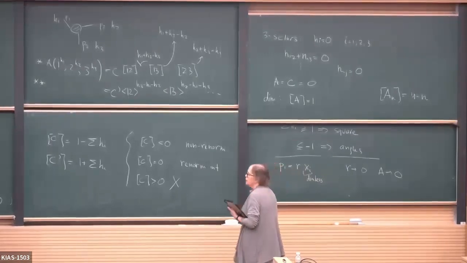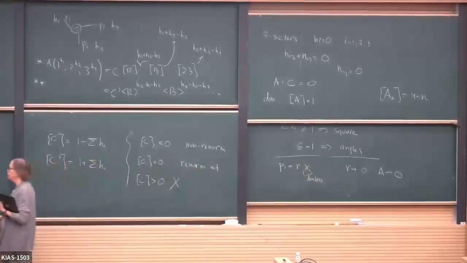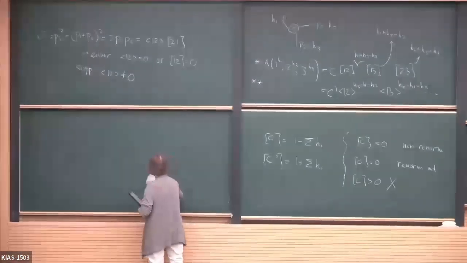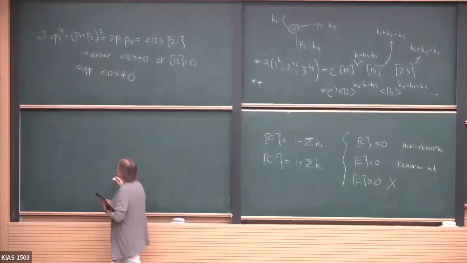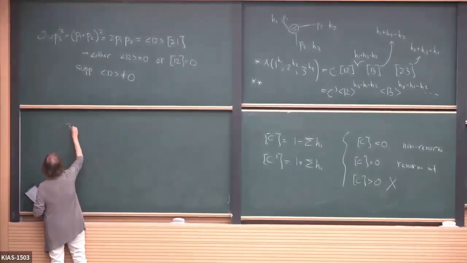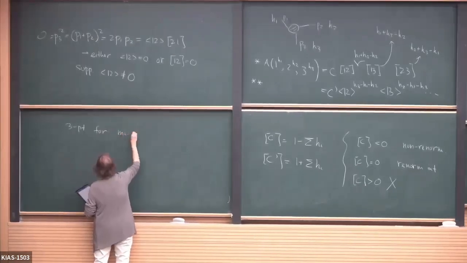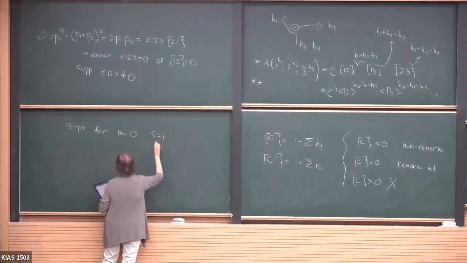Okay, so now we can do the thing that we promised from the beginning and look at the 3-point for vector particles. So we have the 3-point for massless spin 1.